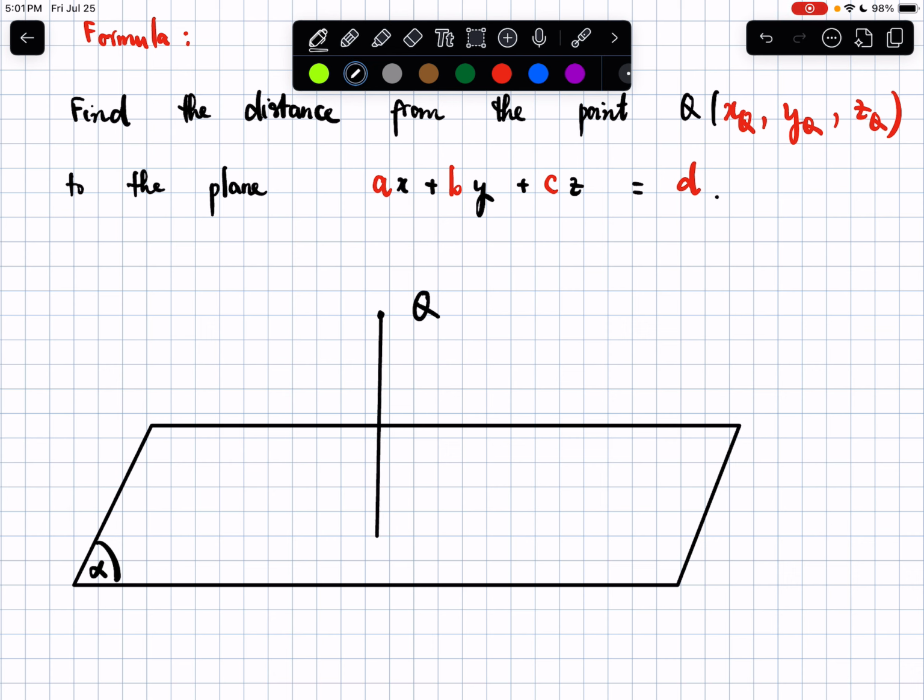So we project perpendicular from Q to alpha. And let's call this point H. And we know that vector HQ is parallel to the normal vector of the plane alpha. So n is a normal vector of alpha.